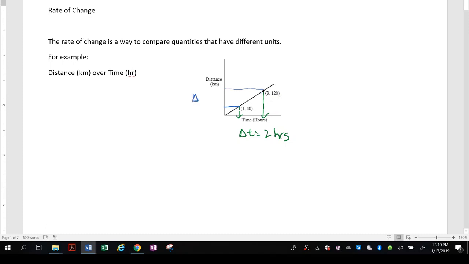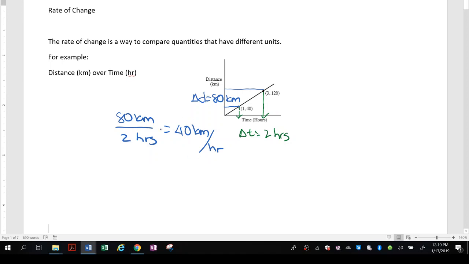So this is a change in our distance of 80 kilometers. That's our change in distance. So now we say here that our rate of change is 80 kilometers for every 2 hours. And this can be reduced to 40 kilometers for every 1 hour. And that is our rate of change.